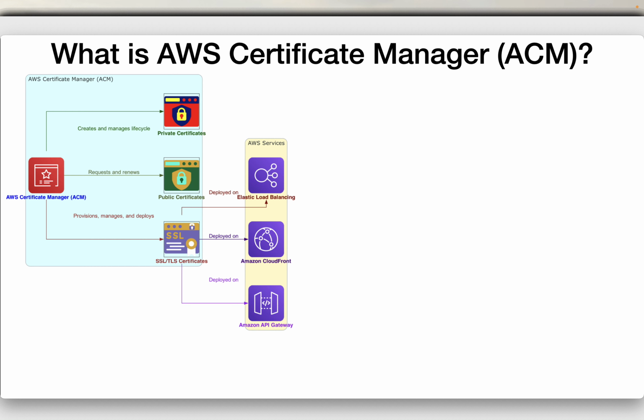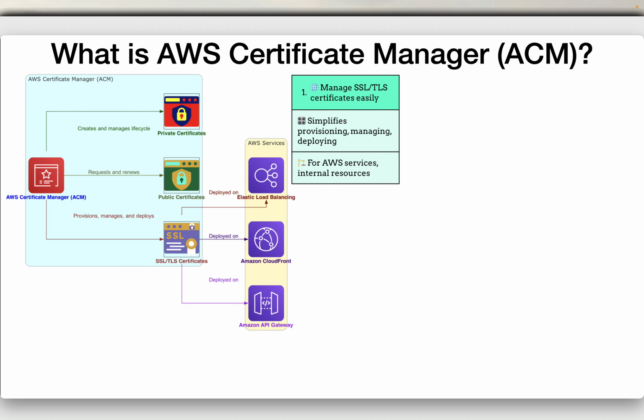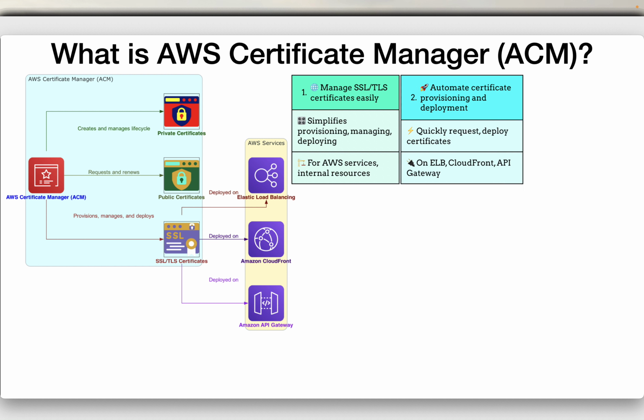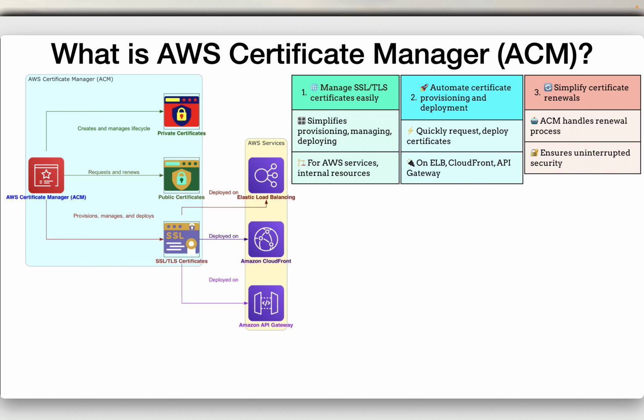So what is AWS Certificate Manager? AWS Certificate Manager simplifies the process of provisioning, managing and deploying SSL TLS certificates for AWS services and internal resources. With ACM, you can quickly request a certificate and deploy it on various AWS resources such as Elastic Load Balancers, Amazon CloudFront distributions, and APIs on API Gateway.